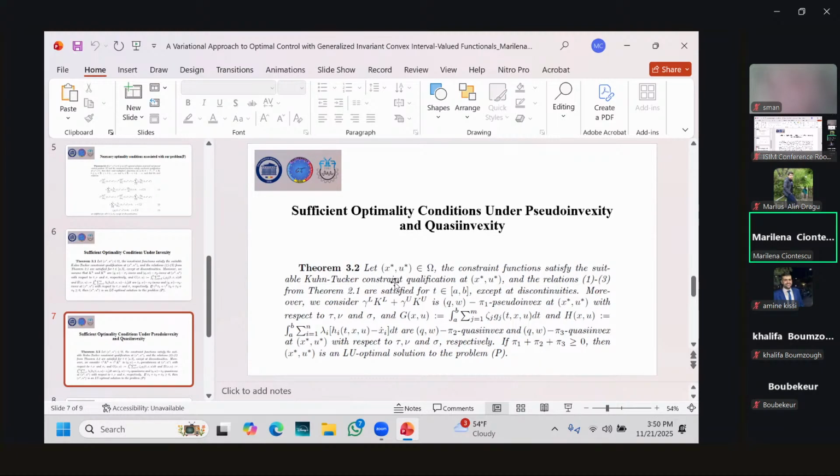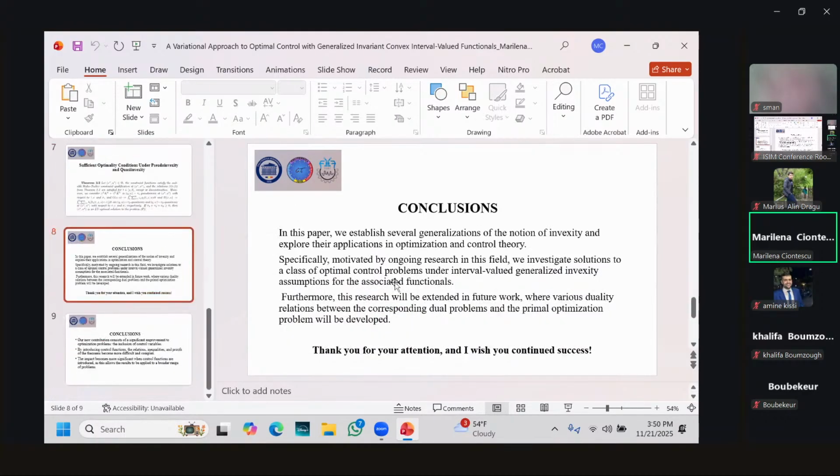Relations 1 to 3 from the theorem are satisfied, and the next functions are under the assumption of pseudo-invexity for the first and quasi-invexity for the other. And if this inequality is satisfied, we can say this becomes an LU optimal solution for our problem P.